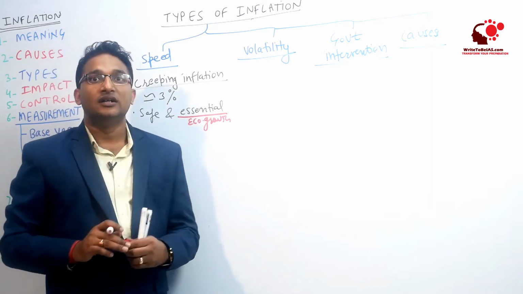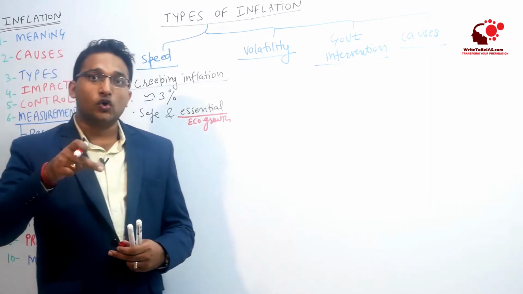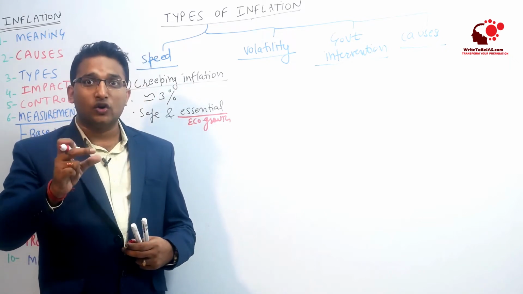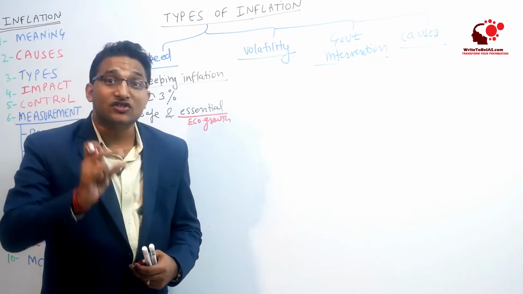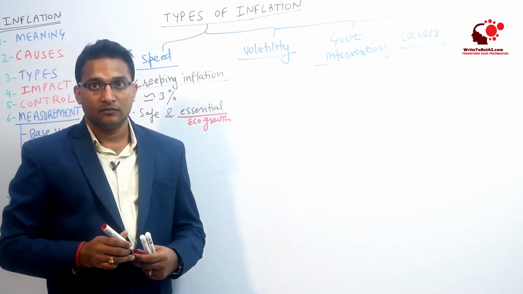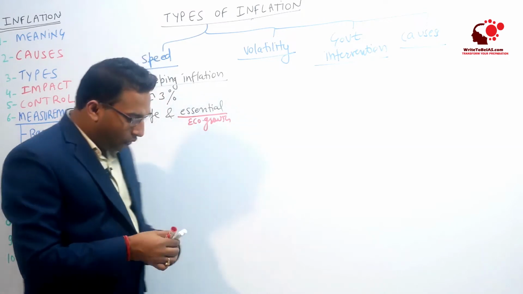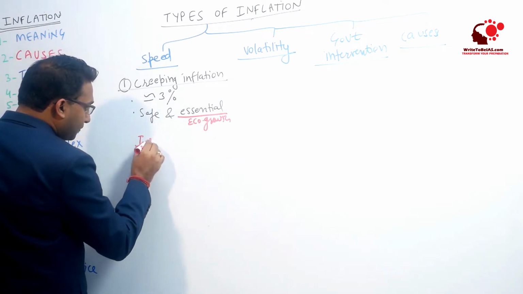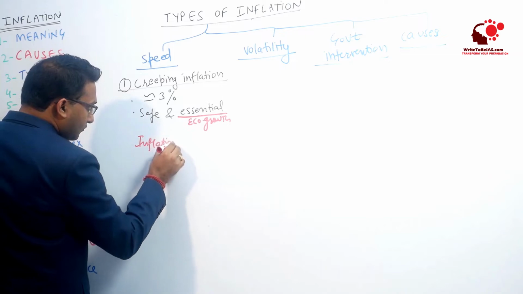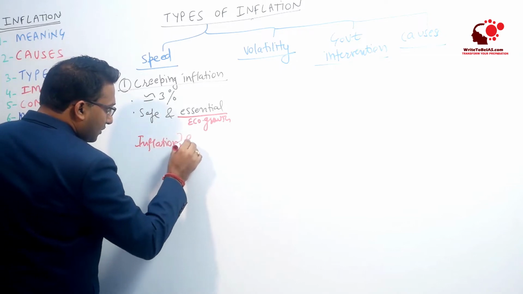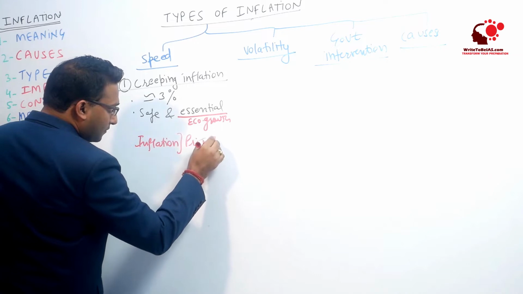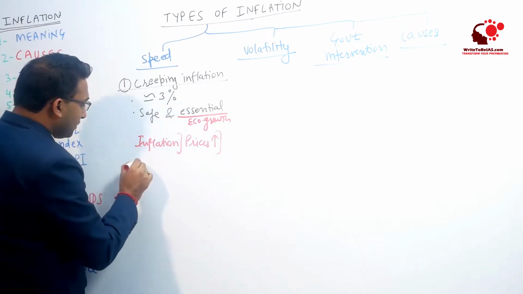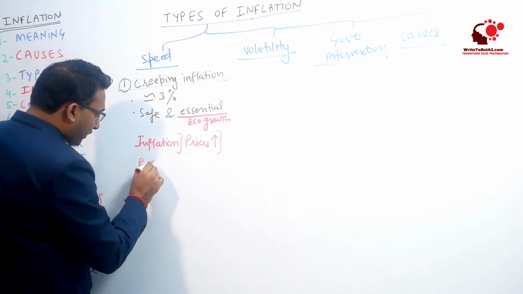And here comes the relationship between the economic growth rate and inflation. Inflation and economic growth rate have a direct relationship in the short term. Can I show you how it is? When there is inflation, that means the prices are rising. That means the producers of goods will get more profit.